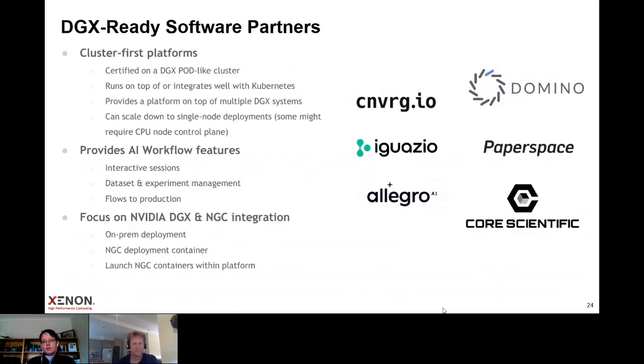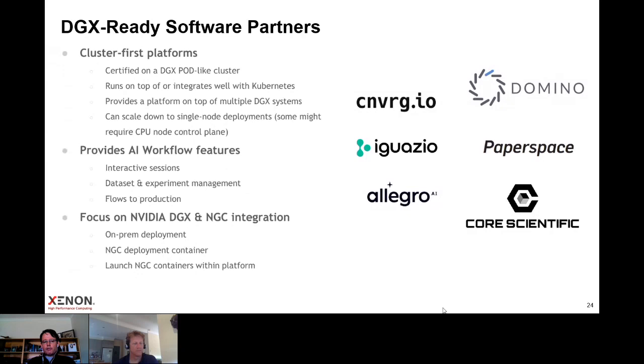And also, there is now a stack of DGX-Ready software partners, which have cluster-first platforms, and then their software is optimized for pod-like cluster architectures. They run on top of or integrate well with Kubernetes as the container management platform on top of multiple DGX systems. And here on the right, you see some of the applications and the projects which are DGX-Ready software partners there.